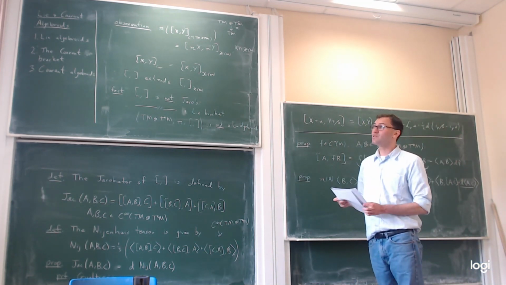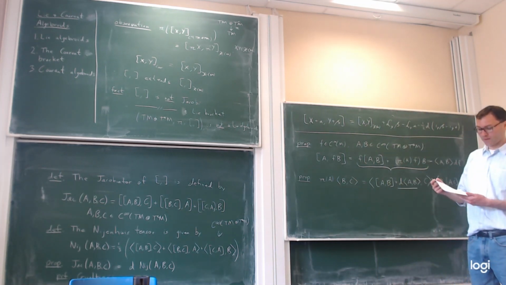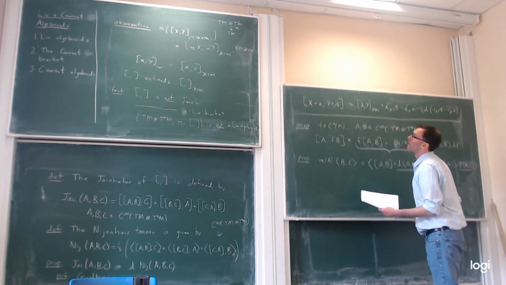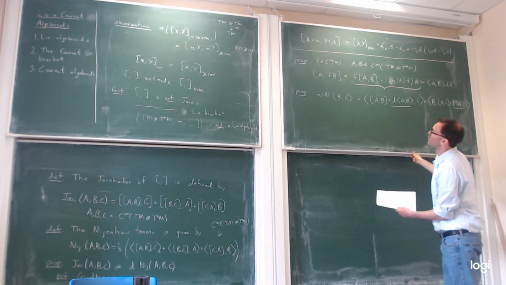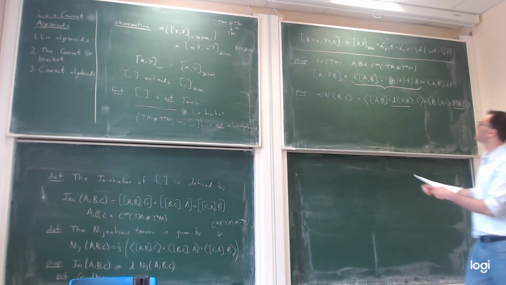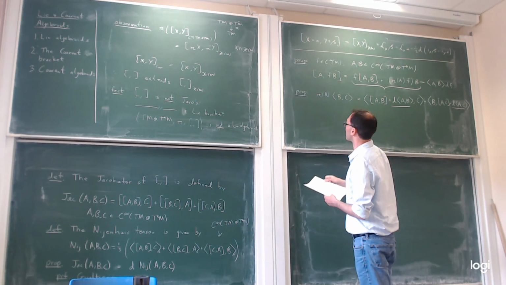This concludes our introduction to the Courant bracket. Now we're going to take from this discussion the information or the structure encoded in the propositions, and we're going to define a new construction called a Courant algebroid.